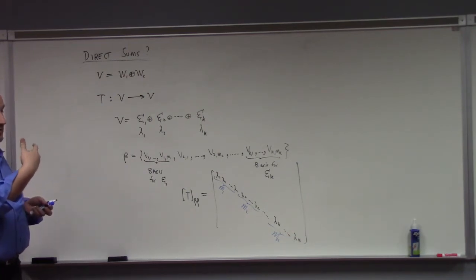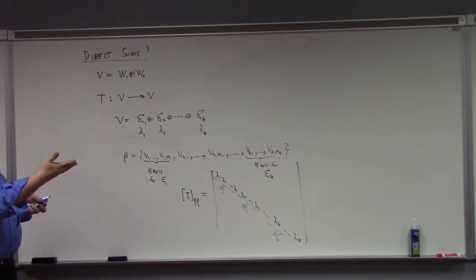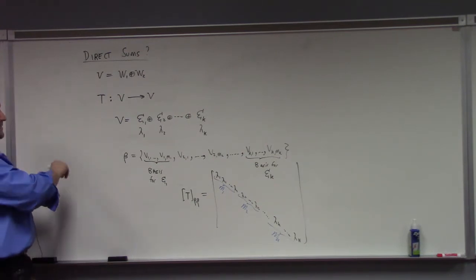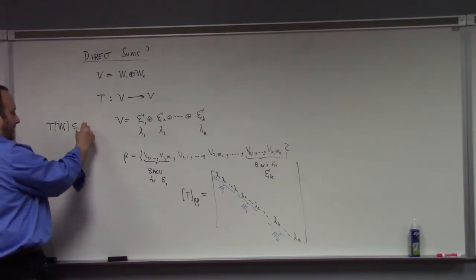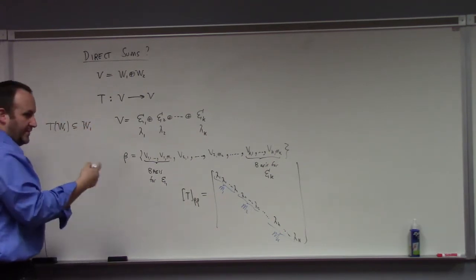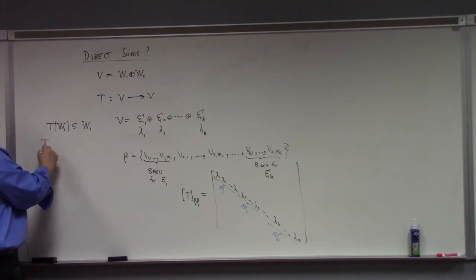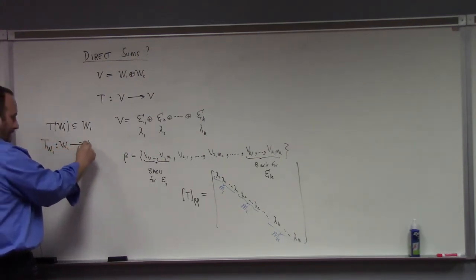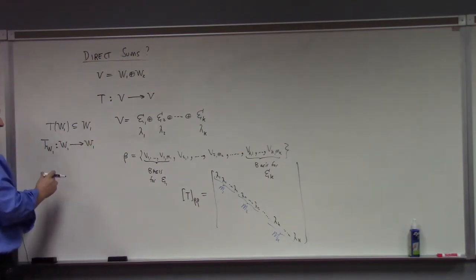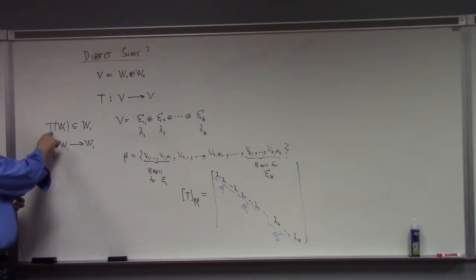If you have a direct sum and you have this, then that means that you can define this thing, which I would say is just the restriction of the linear transformation to W1, but it's more than that.